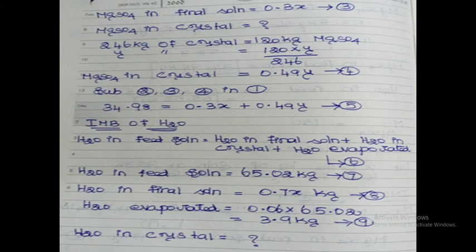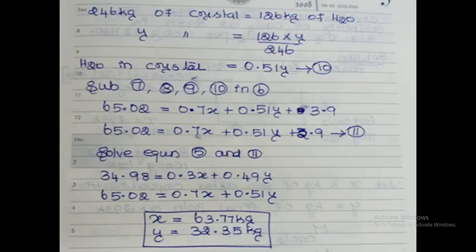Now we are going to concentrate on water in crystal. How will we calculate water in crystal? 246 kg of crystal contain 126 kg of water. How does 126 kg come? MgSO4.7H2O is a crystal. MgSO4 is 1 molecule, water is 7 molecules. 7 into water molecular weight 18 is equal to 126.